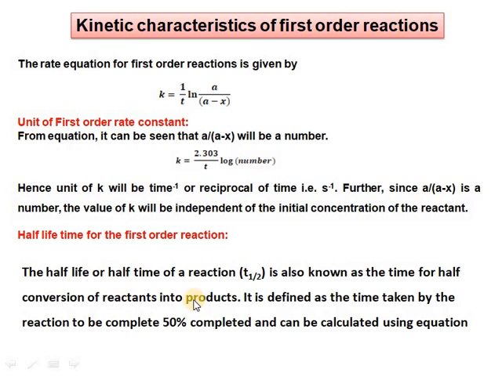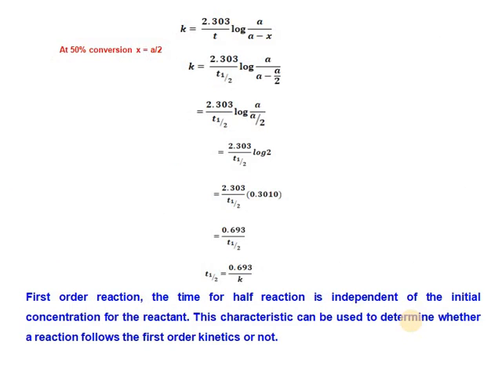It means half of the reactant is converted into product, and it can be defined as the time taken for the reaction to be 50% complete. It can be calculated using the first order rate equation, k equal to 2.303 upon t into log to the base 10 of a upon (a minus x).